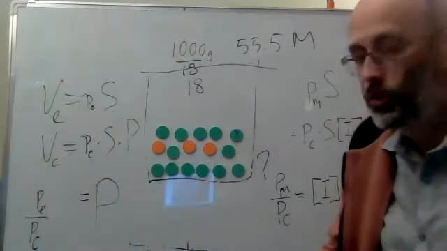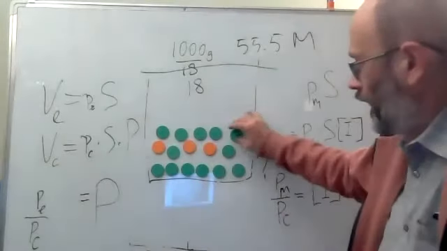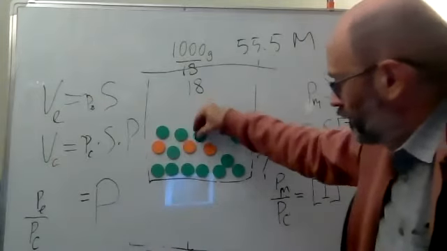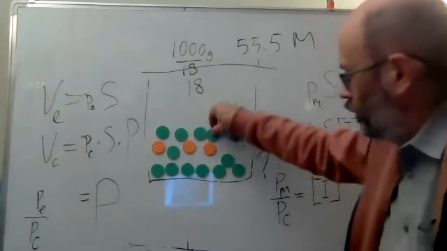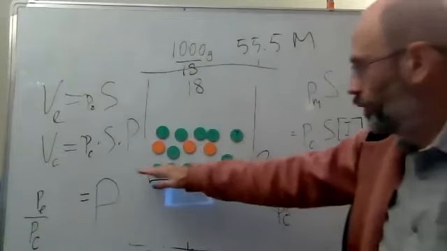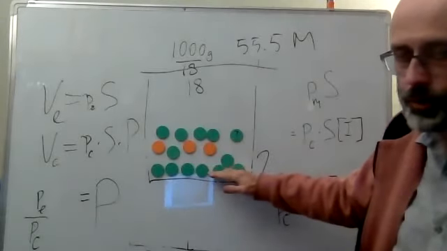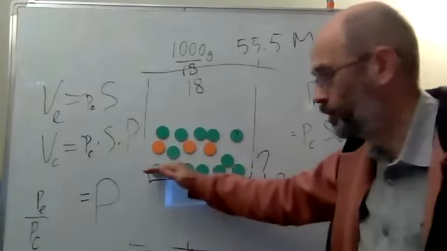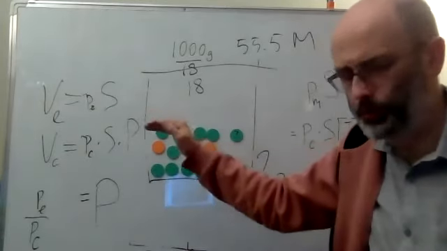But if the concentration of water becomes smaller, then the rate of crystallization, the probability that a water molecule will come and stick to the surface of the crystal, decreases, whereas the probability of melting is not affected.